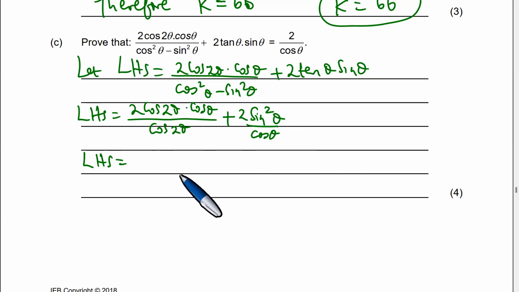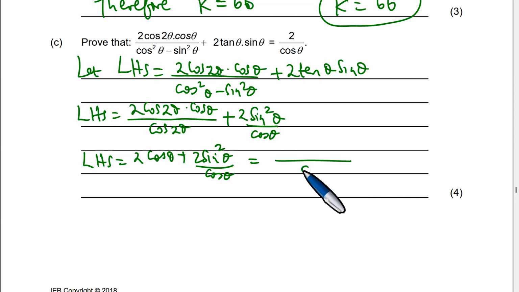Okay, so we have the denominator of cosine 2, and cosine 2 cancels cosine 2. What do we get at the end of these? 2 cosine theta plus 2 sine squared theta divided by cosine theta.